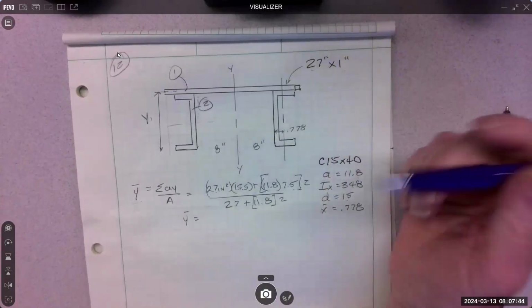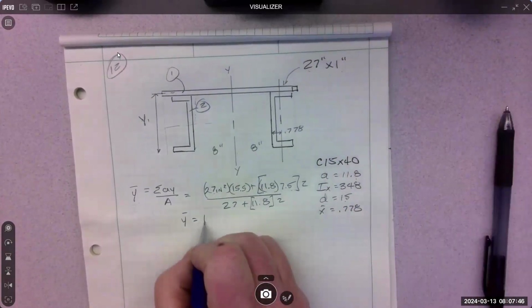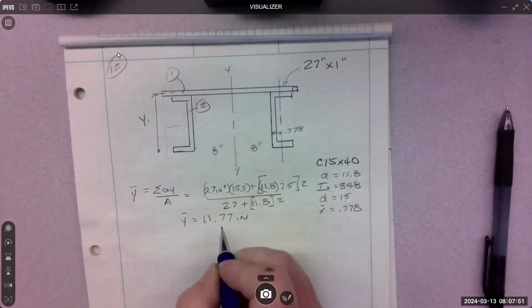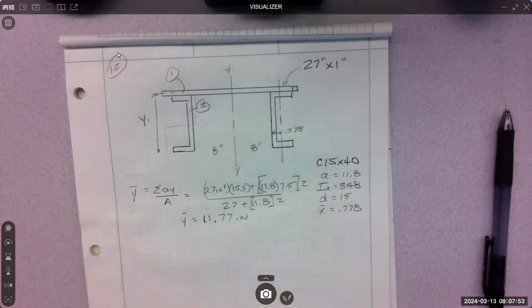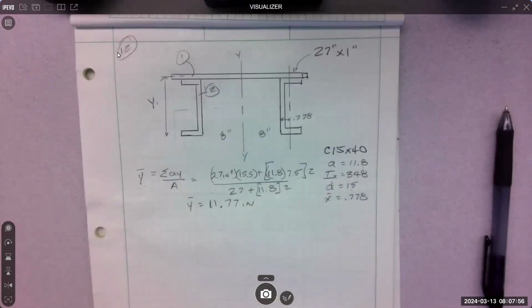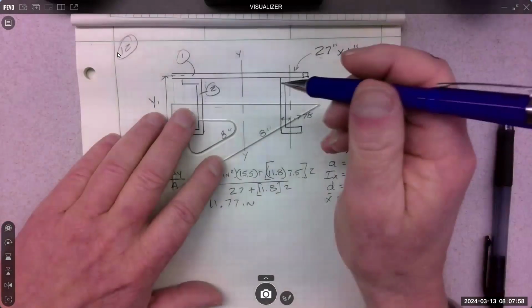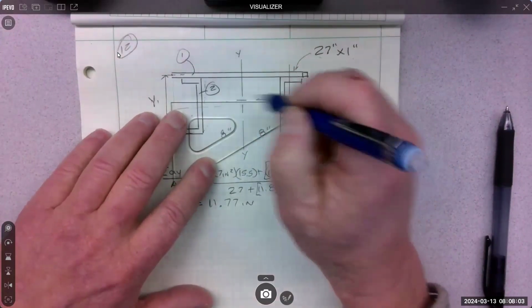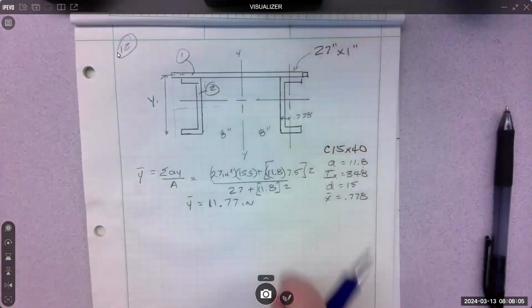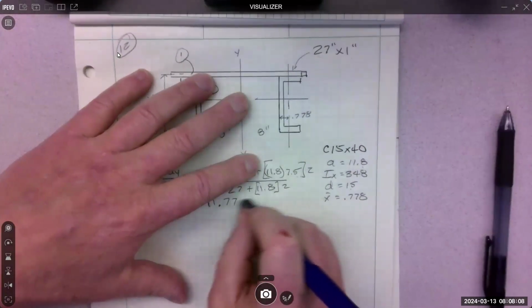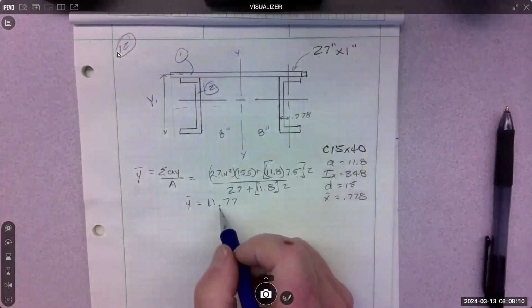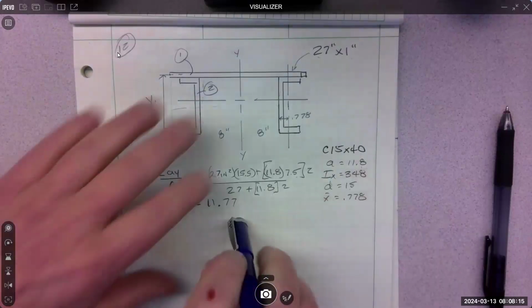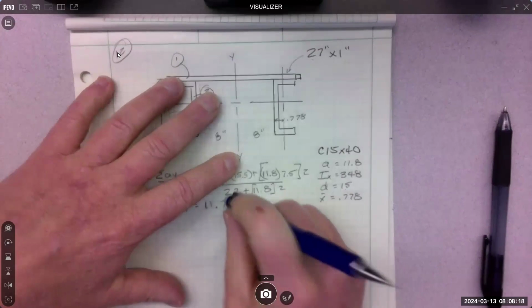I hear 11.77. Anyone else get that? 11.77 inches. That's important.